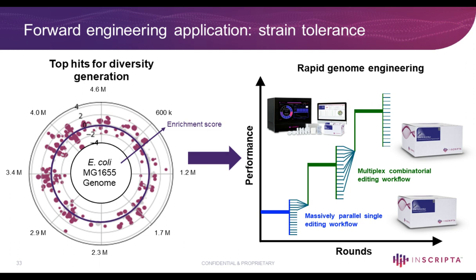And this really stretches its legs when we introduce our combinatorial editing workflow, which will allow multiple different edits to be made within a genome simultaneously. And then you can build upon those modifications that you've seen previously and see increases in stress tolerance to fantastic levels as you make these modifications and really broadcast mutations across the entire genome.